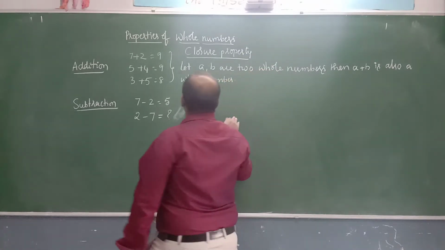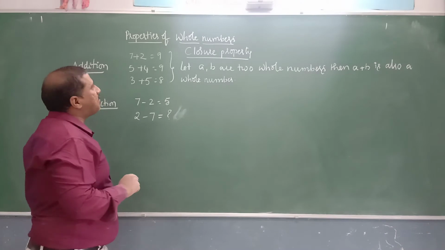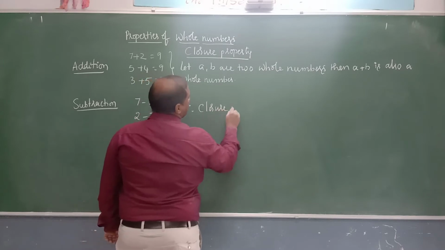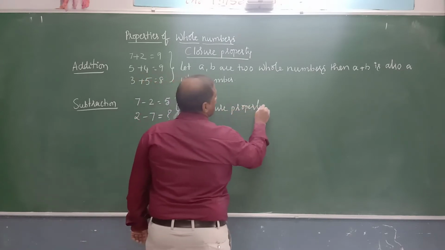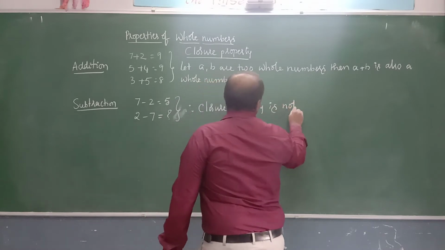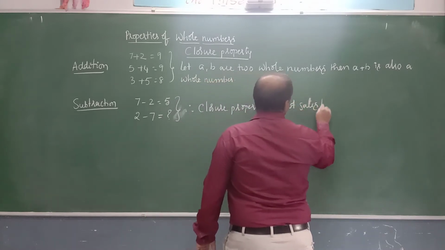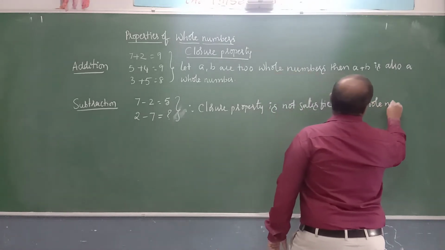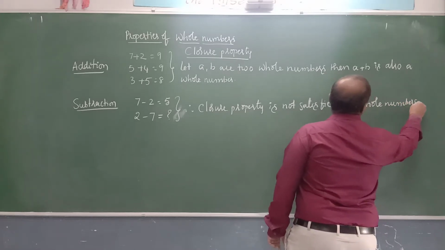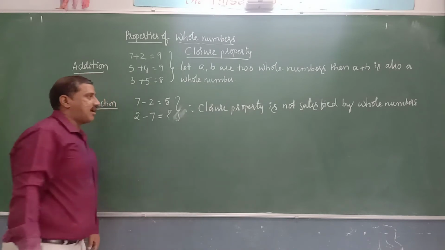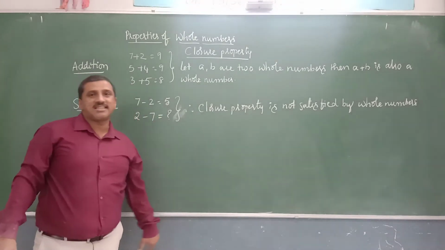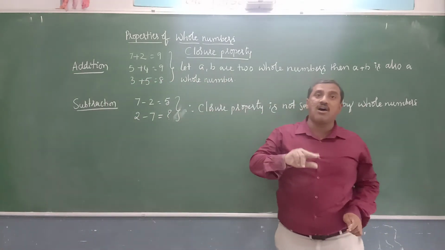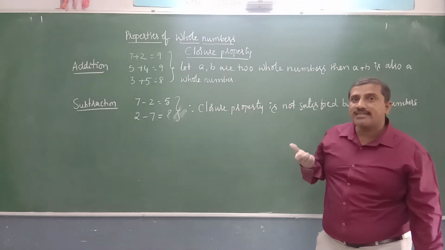Therefore, under subtraction, the closure property is not satisfied by whole numbers, because the difference of two whole numbers is not always a whole number.